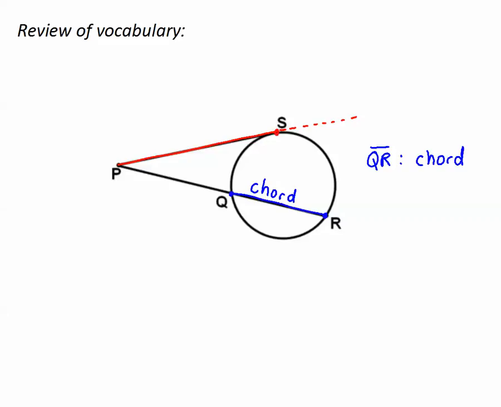But because it stops at points P and S and doesn't keep going, we are more specific and call it a tangent segment. It is just a segment of a tangent, because normally a tangent is the entire line, since the tangent keeps going. So we would also call PS a segment, but specify it as a tangent segment.